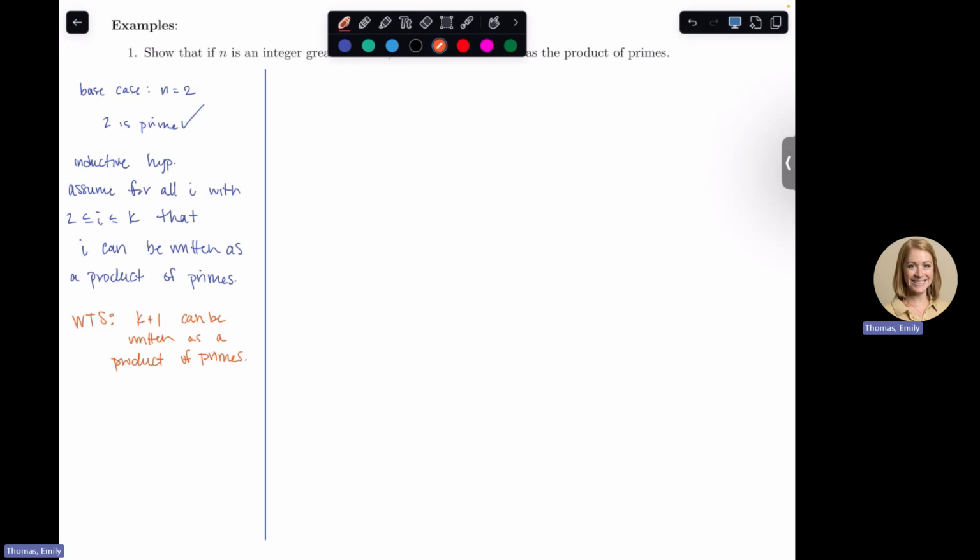K plus 1, if it's prime, we're done. If it's not prime, it has 2 factors that are smaller than it. And those 2 factors that are smaller than it are i's, so it's a product of primes.